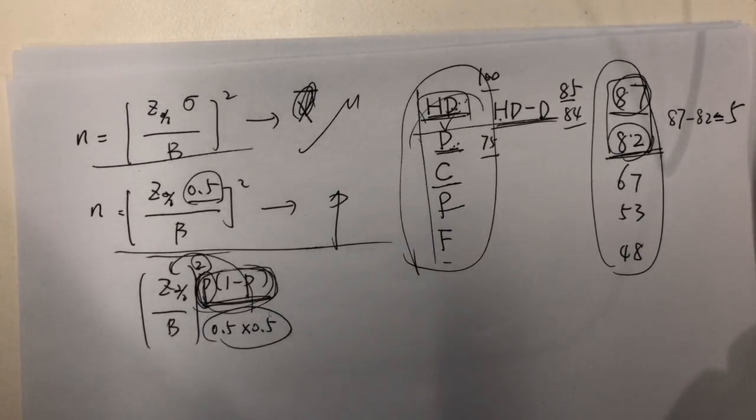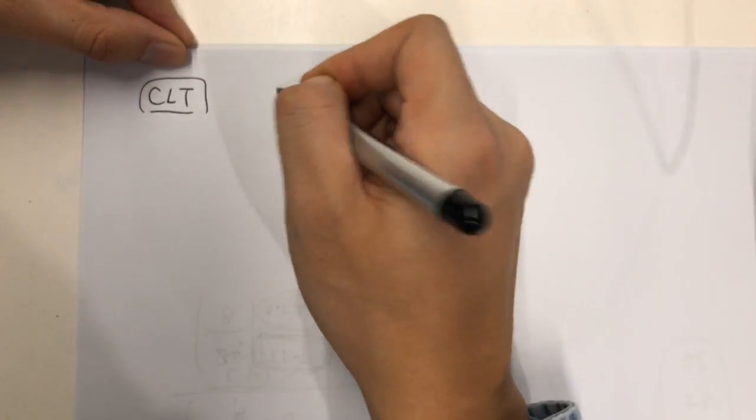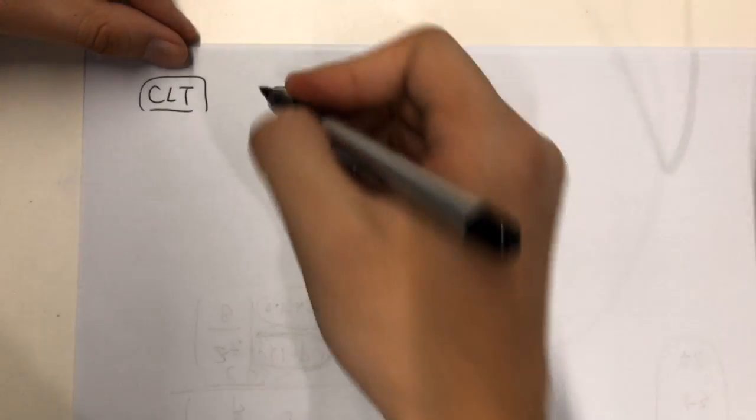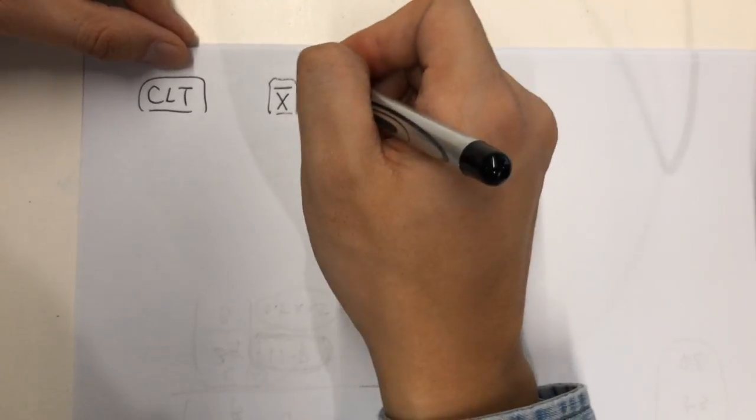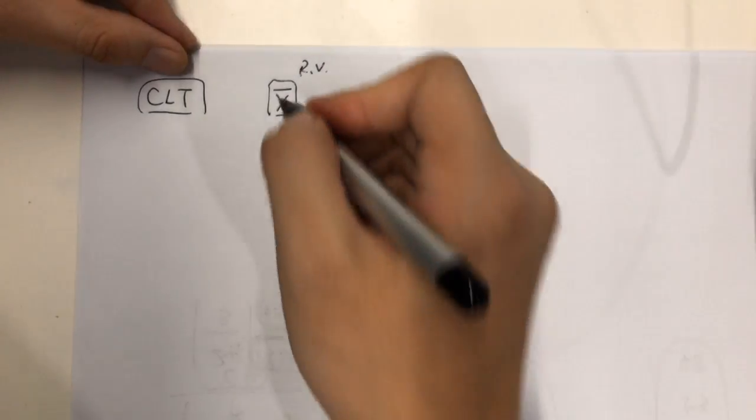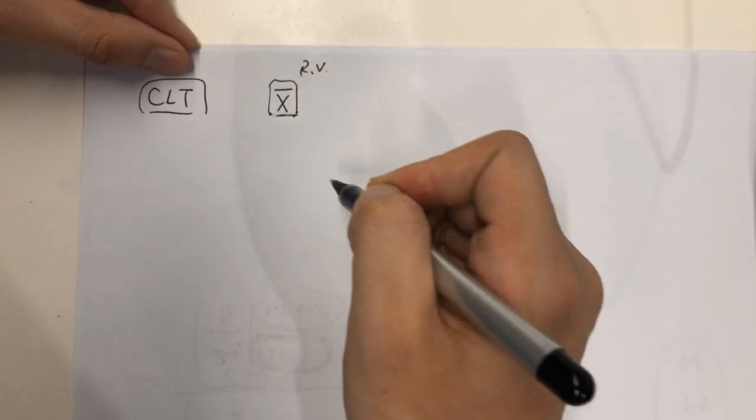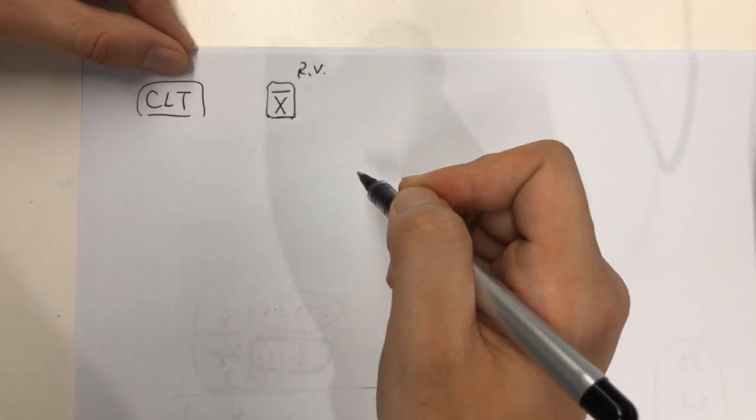Yuan Liu is asking, can you please explain the central limit theorem? Okay, for central limit theorem again, CLT is actually telling us the sampling distribution of sample mean x bar, right? Because we know x bar is a random variable, so it must have its own distribution.